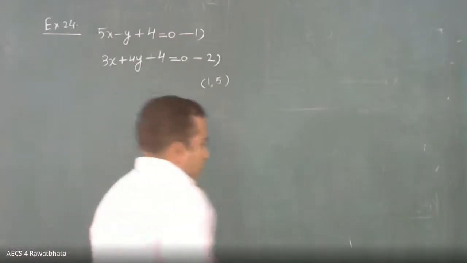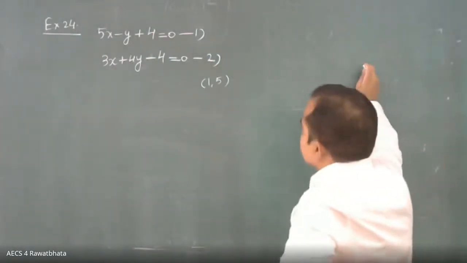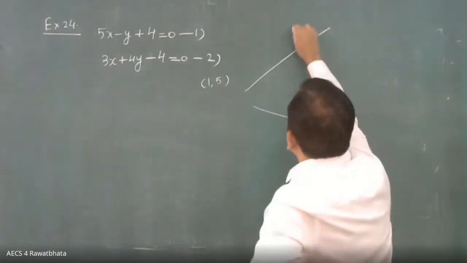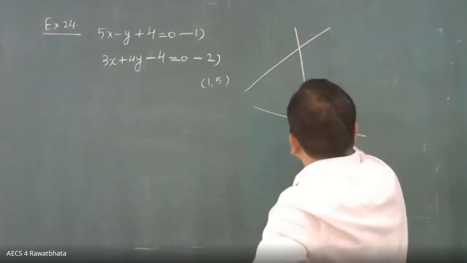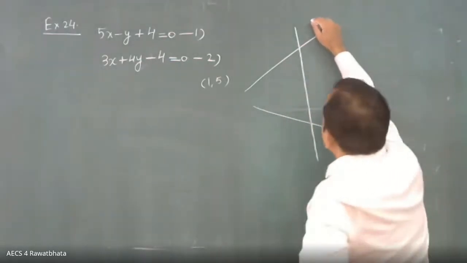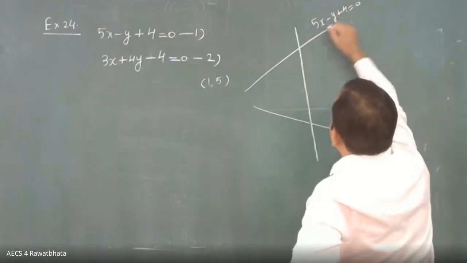Okay. So two lines are there, and suppose this is line 1, this is line 2, and there is a third line. This is line 1, 5x minus y plus 4 equal to 0.